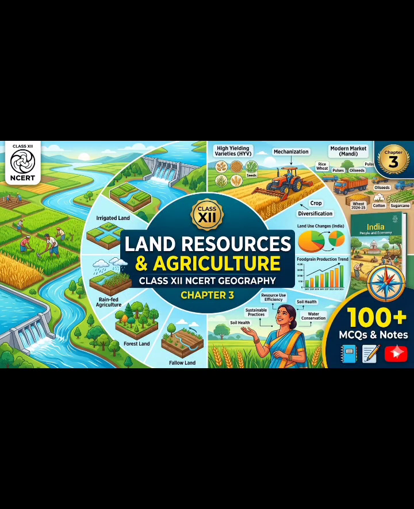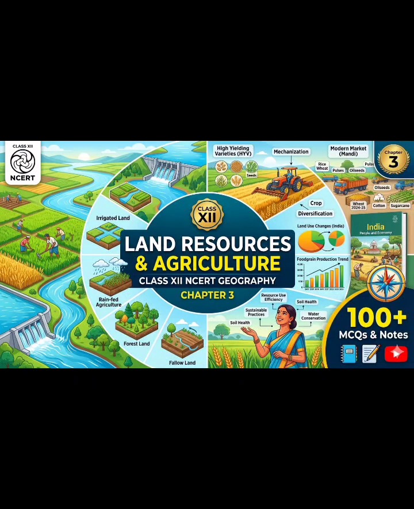The four categories that have registered a decline are barren and wasteland, cultivable wasteland, area under pastures and tree crops, and fallow lands. The following explanations can be given for the declining trends. As the pressure on land increases both from agricultural and non-agricultural sectors, the wastelands and cultivable wastelands have witnessed decline over time.